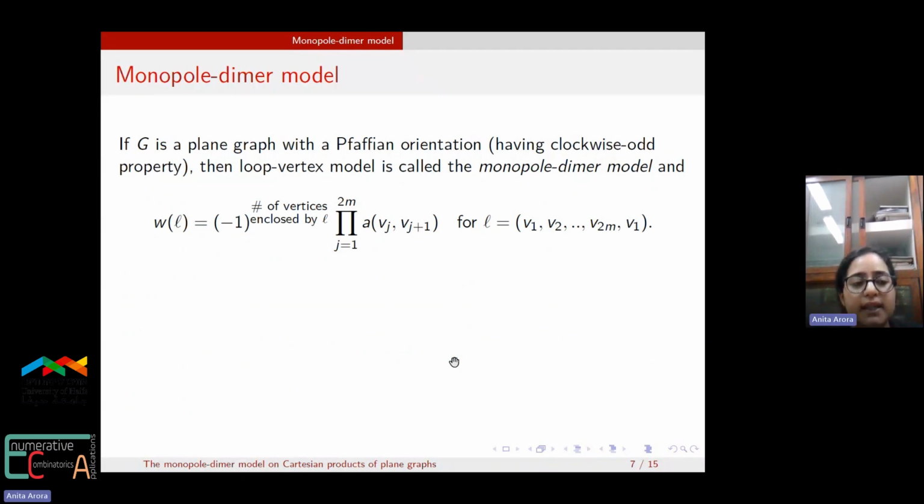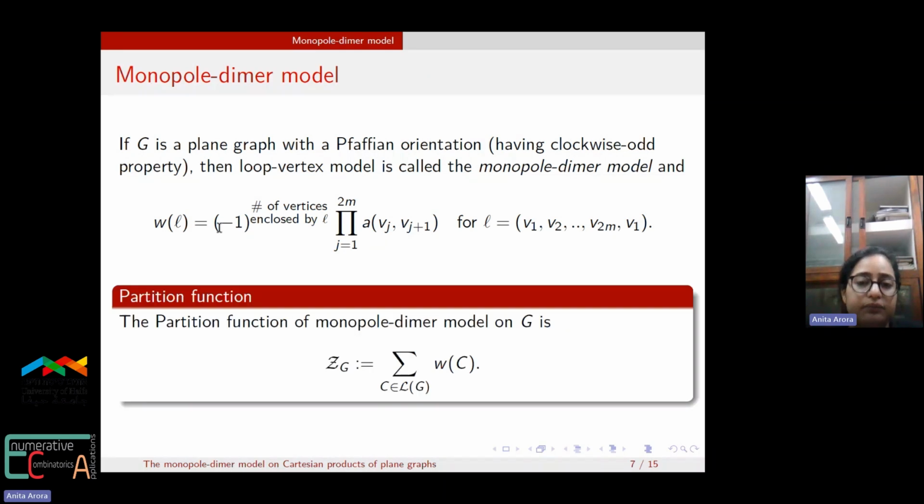Now what happens if you consider the graph to be a planar graph and it has a Pfaffian orientation with it, then the loop vertex model can be expressed in an orientation independent way, and this is what here is enclosed by the loop L and the product of the edge weights that are involved in the loop L. In other words, the loop monopole diamond model is an orientation independent interpretation of the loop vertex model for planar graphs.